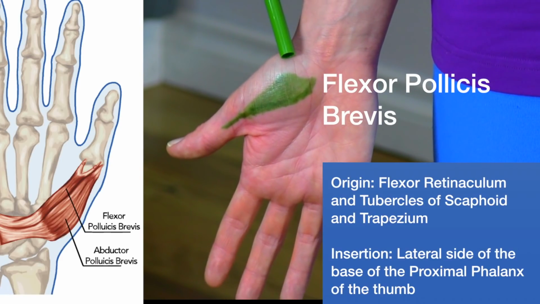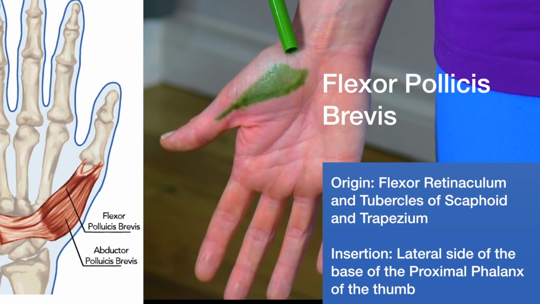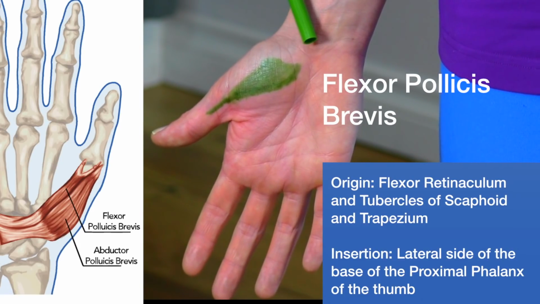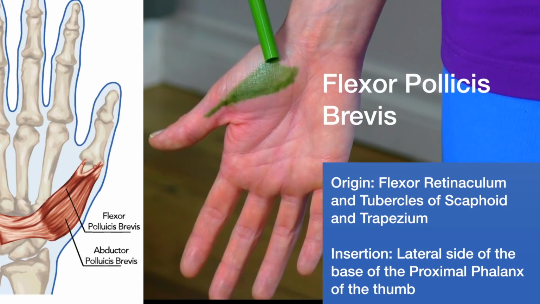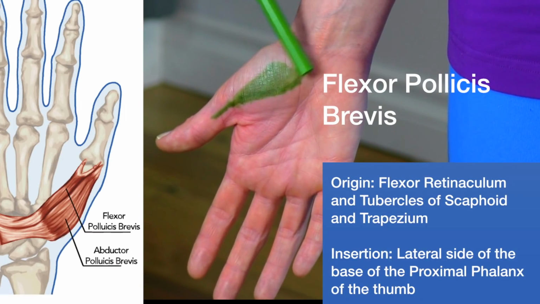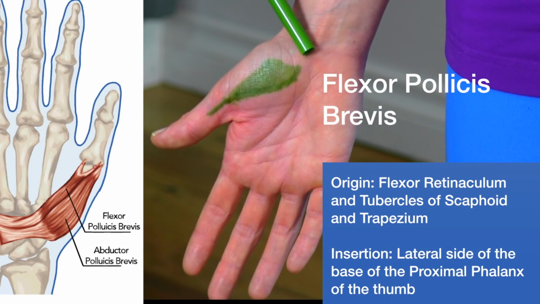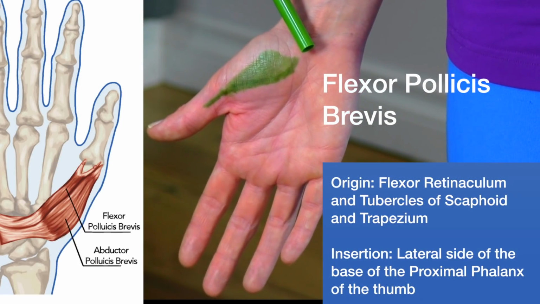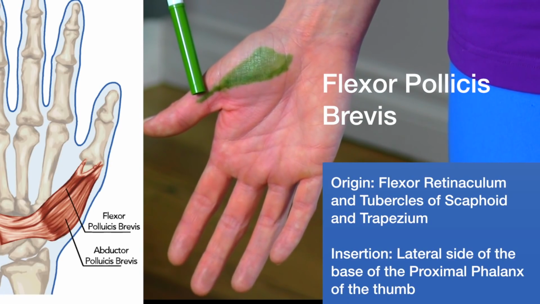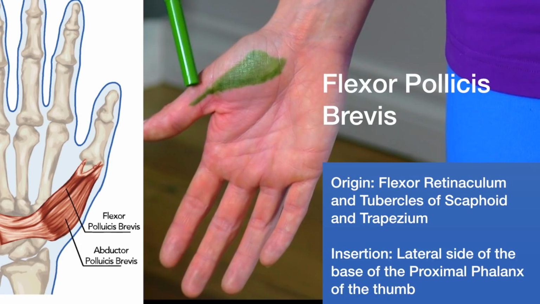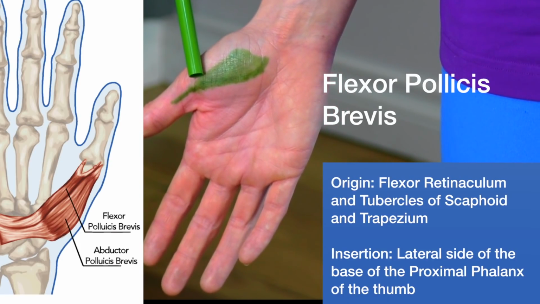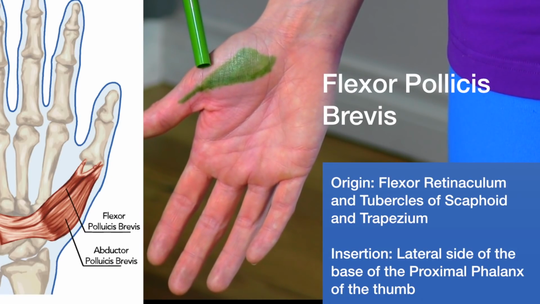The next muscle we'll discuss is the flexor pollicis brevis, and this consists of two layers. A deep layer which arises from the trapezoid and capitate, and a superficial layer which arises from the trapezoid and flexor retinaculum. Now, the two layers merge into one tendon which inserts on the lateral base of the proximal phalanx of the thumb and the lateral sesamoid bone located at the metacarpophalangeal joint.